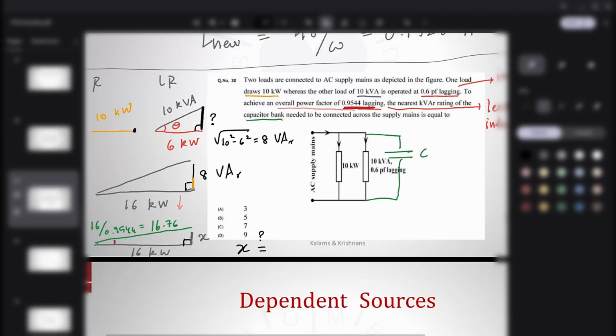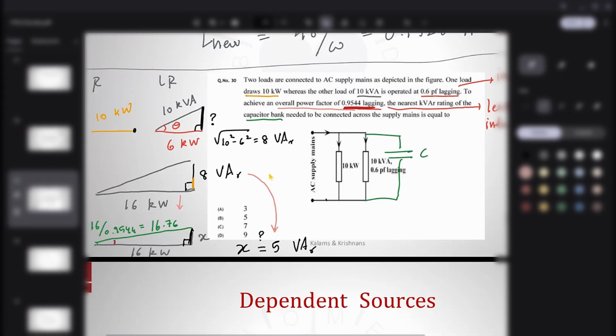Pythagoras theorem: 16.76 squared minus 16 squared, square root of that is 5.004. So the height of the new triangle is 5 volt amp reactive. So 8 volt amp reactive should become 5 volt amp reactive.